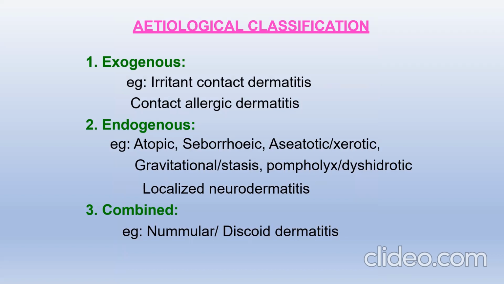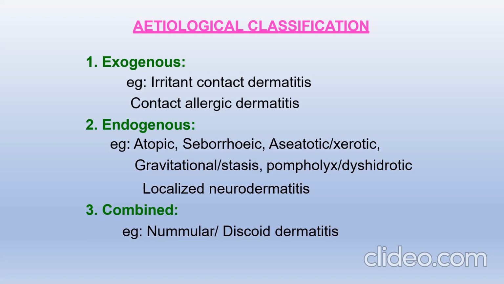Exogenous means outside cause, for example irritant contact dermatitis or allergic contact dermatitis. The cause is outside the body. Second is endogenous, which means causes within our body.